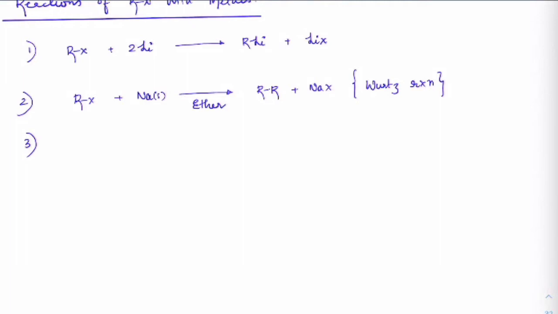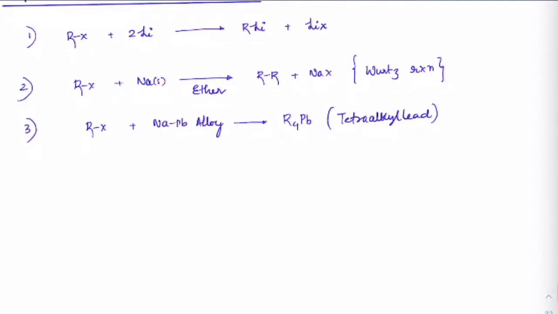Similarly, if we use RX plus sodium-lead alloy, then you will get R4Pb, which is called tetraalkyl lead.